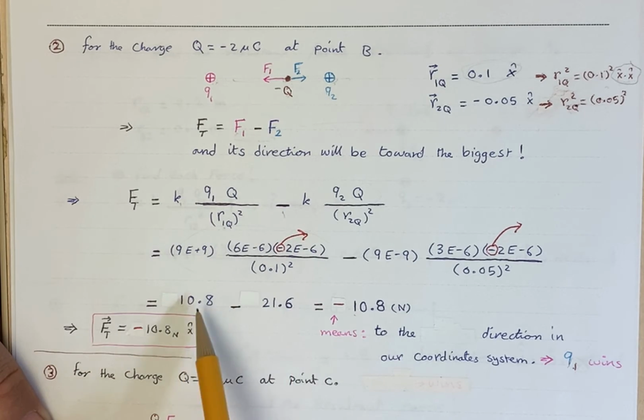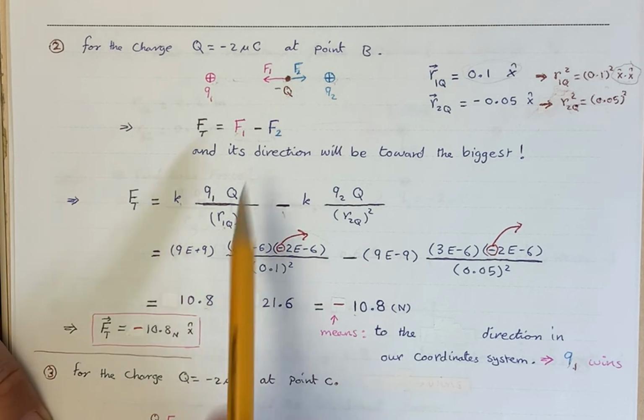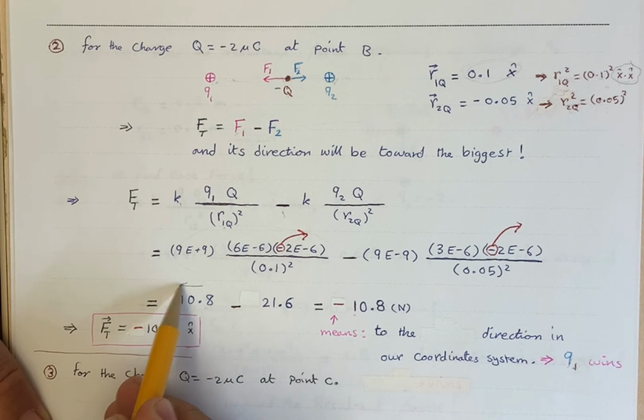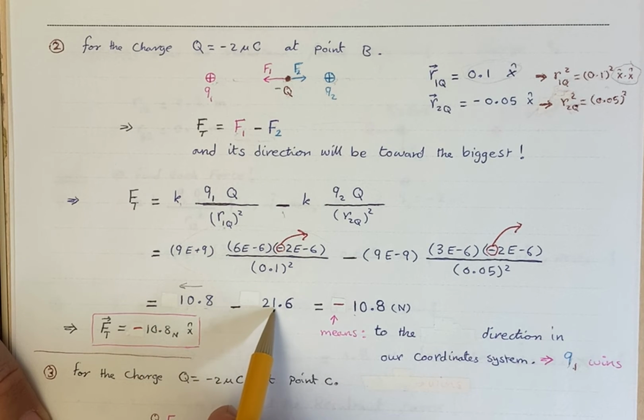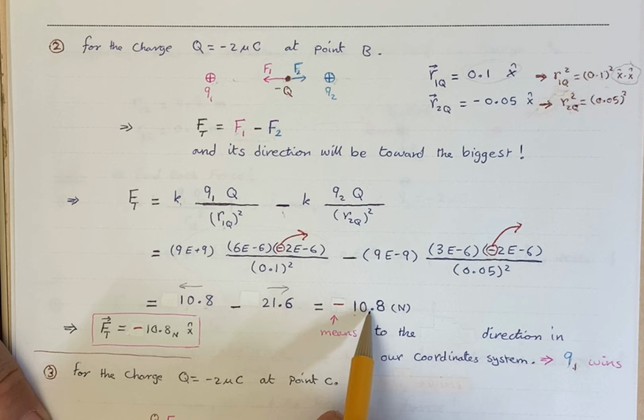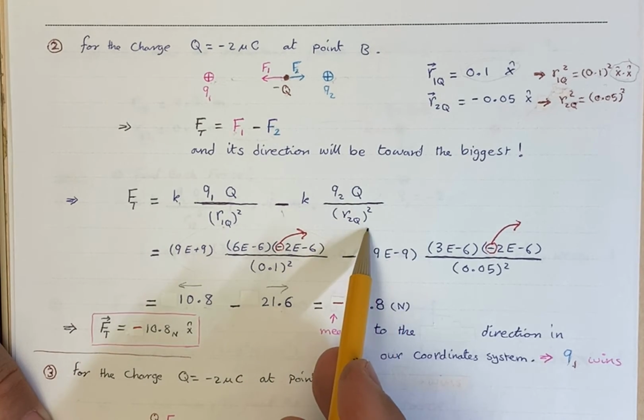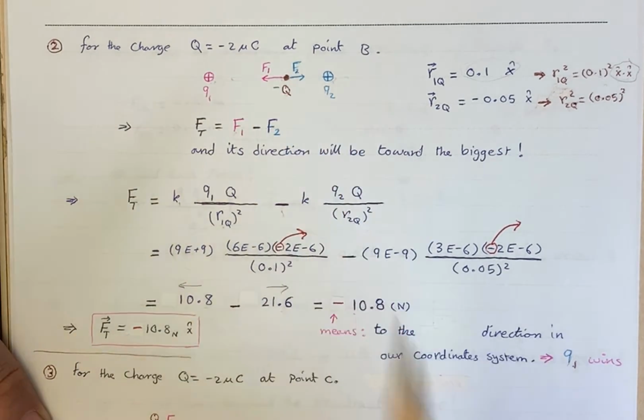For the first term it equals 10.8 to the left. This is to the left. Negative 21.6 to the right. The answer is negative 10.8, which means that it's in the direction of the biggest force. The biggest force is the second force, which is to the right, as you see.